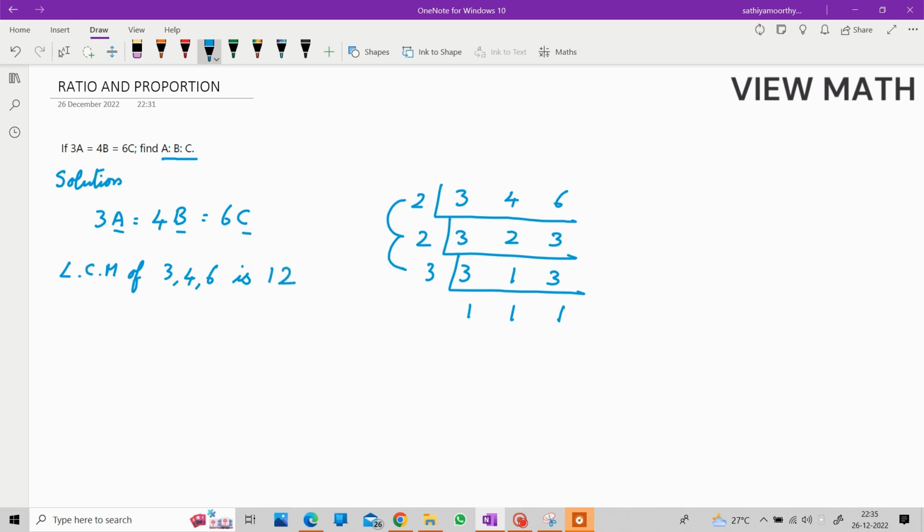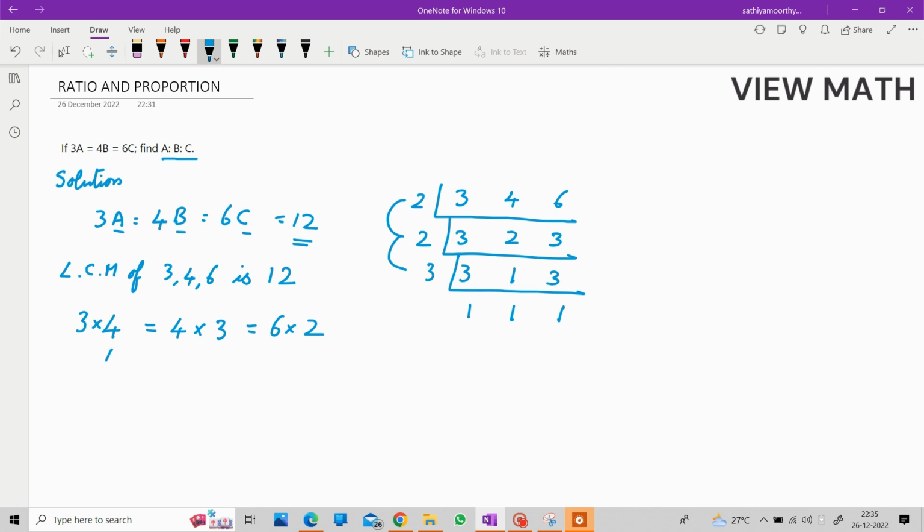So I'm going to make all these three quantities equal to 12 and find out A, B and C. Now 3 into A, I have to make this equal to 12. So 3 into 4 gives me 12. This is equal to 4 into 3 gives me 12 and 6 into 2 gives me 12.